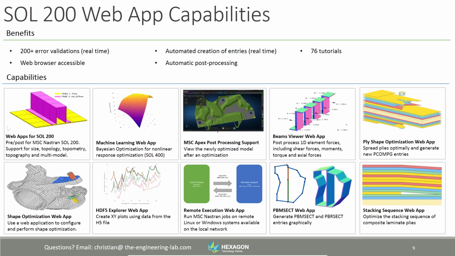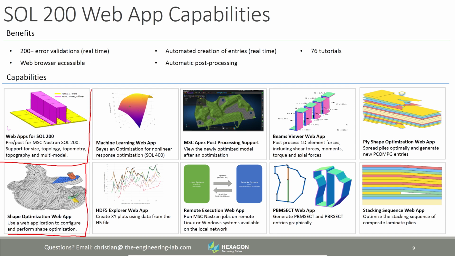Now, one quick comment. The Sol 200 web app is a collection of web applications all designed to help you optimize your Nastran model. If you can optimize your Nastran model, you can optimize your real-world structure or mechanical system. If you want to use Nastran's gradient-based optimizer, there are web apps to do that.